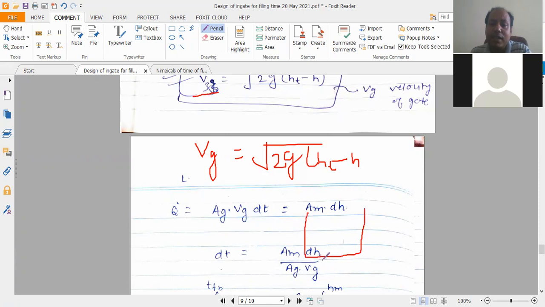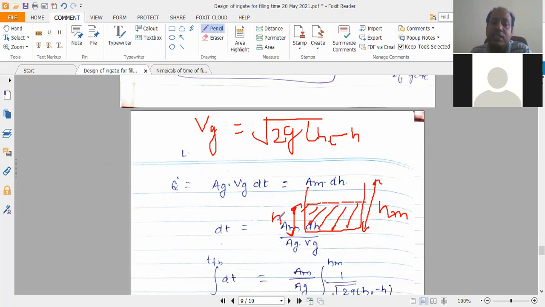If this is the mold cavity and the total height of the mold is hm, and it is being filled, we take the velocity at any instant when the filled height is h.